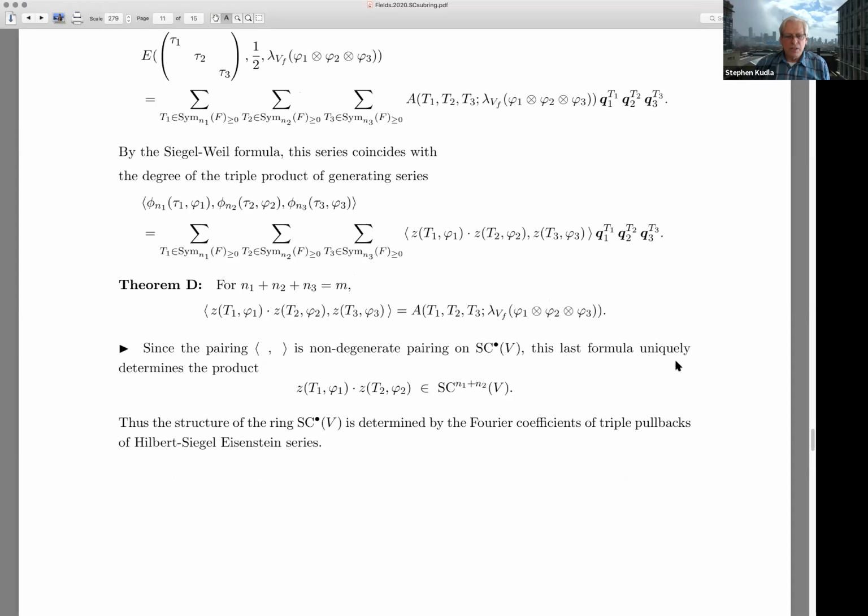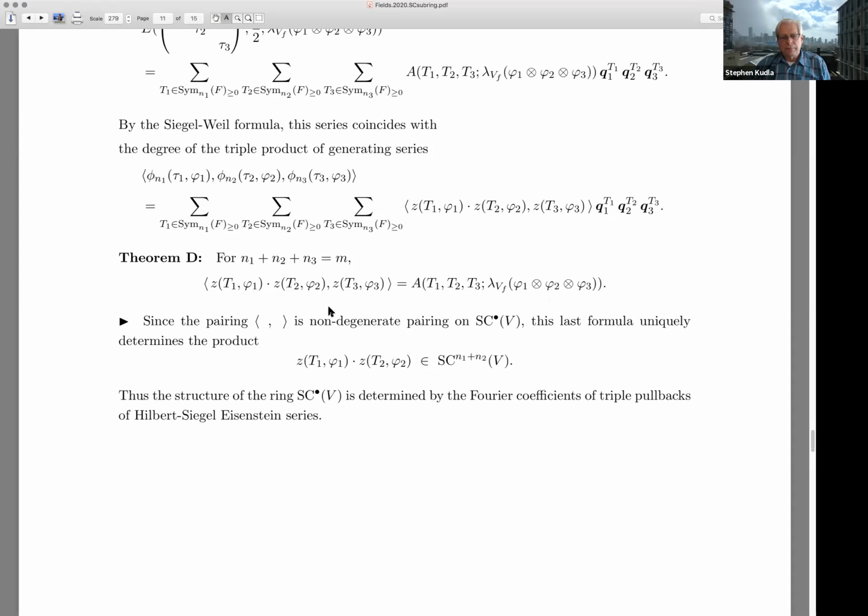So we get this identity, but it also means that this product class is completely determined by these coefficients. So the structure of this ring is completely determined by the triple pullbacks of Hilbert-Siegel-Eisenstein series, the Fourier expansion.